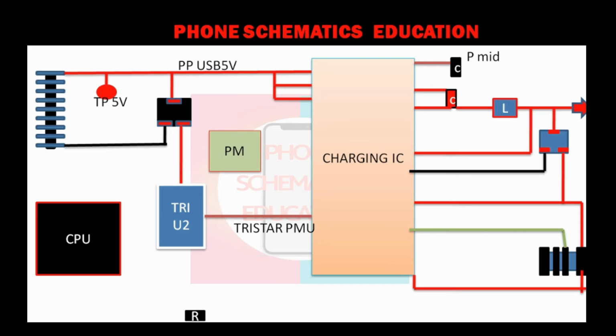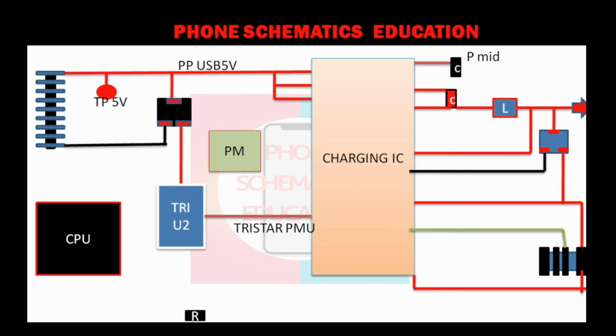In Android, you will see a VBAT sense resistor connected to the positive point, or in some phones in the negative on a battery connector. Through this resistance another line goes to the PMIC for sensing the battery current, how much the battery is charged at a time, or how much current is required for charging full.